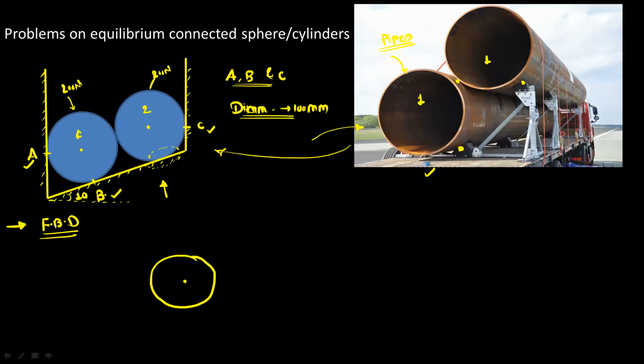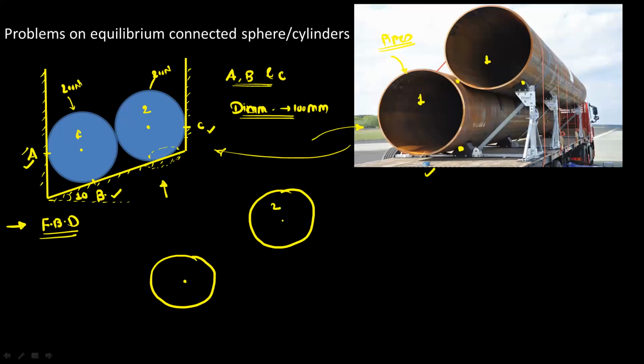So this is the sphere 1 and this is sphere 2. Then when you isolate this sphere 1 from its surrounding, then we have to show the support reactions. Okay, so here support reactions will be at the smooth contact point A and the smooth contact point B.